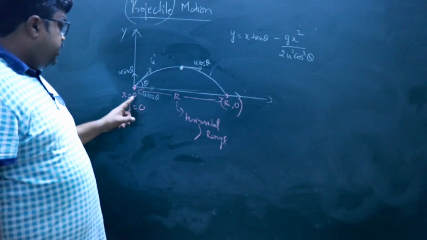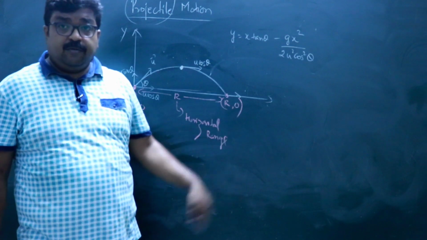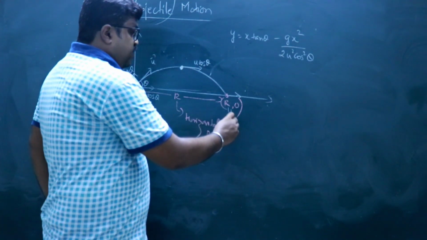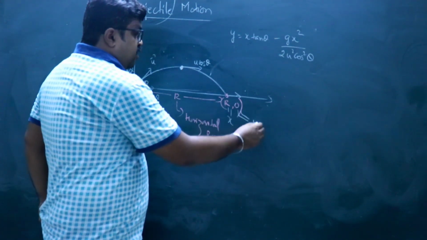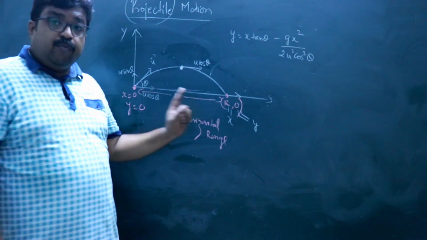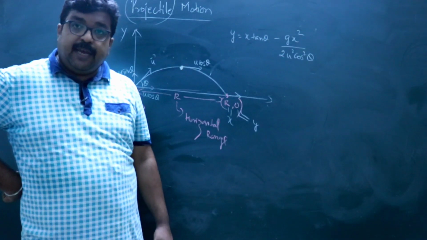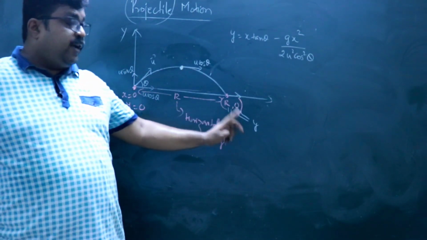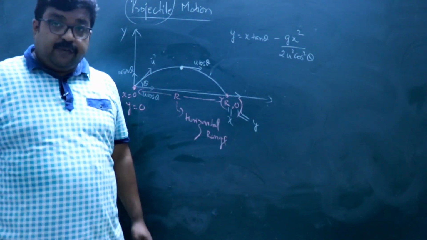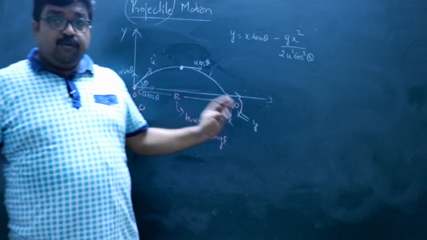Okay, so this is x comma 0, this is r comma 0, this is the x coordinate and this is the y coordinate. So for both these points the y coordinate is 0. And for y equal to 0 you are getting two values of x, that is x equal to 0 and x equal to r.